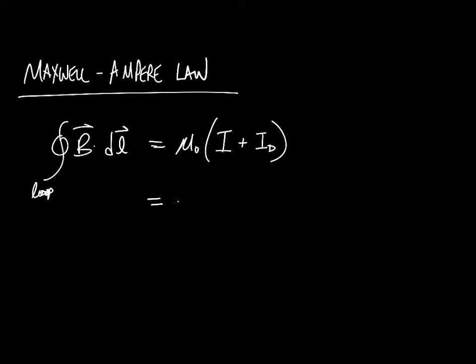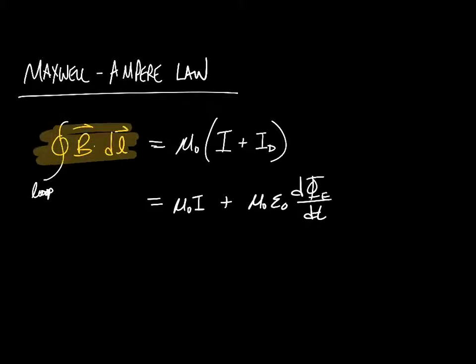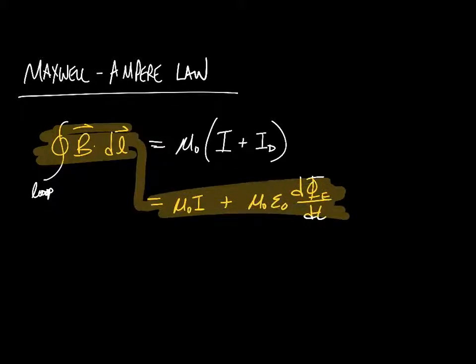And so what this boils down to is mu naught I, like we saw before, plus mu naught epsilon naught times the electric flux change per unit time. So the Maxwell-Ampere law, same as before, but now we have this extra term.